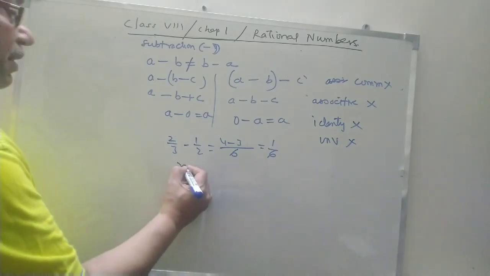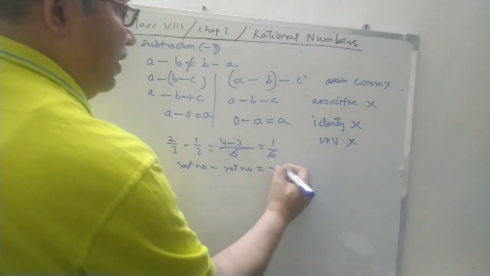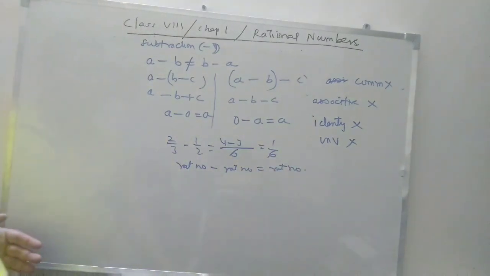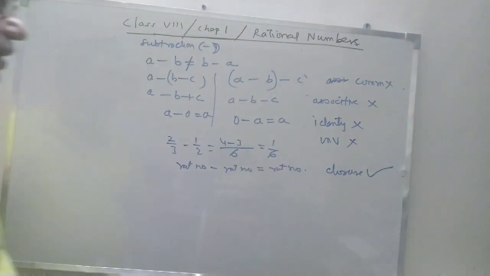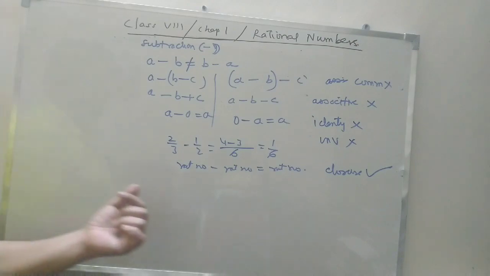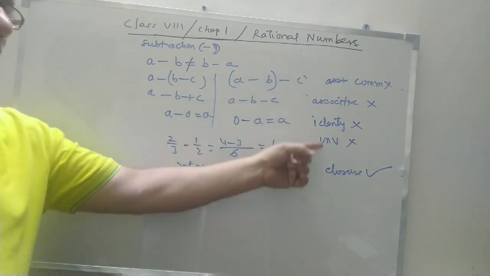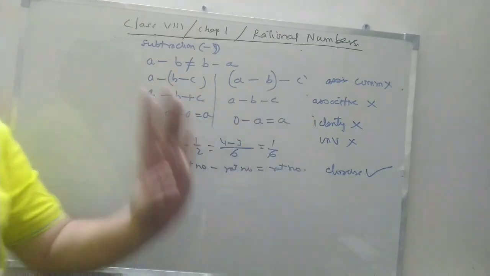So closure property is true. So when we come to this operation of subtraction, only closure property is true. Otherwise, all the remaining properties are not going to hold here.